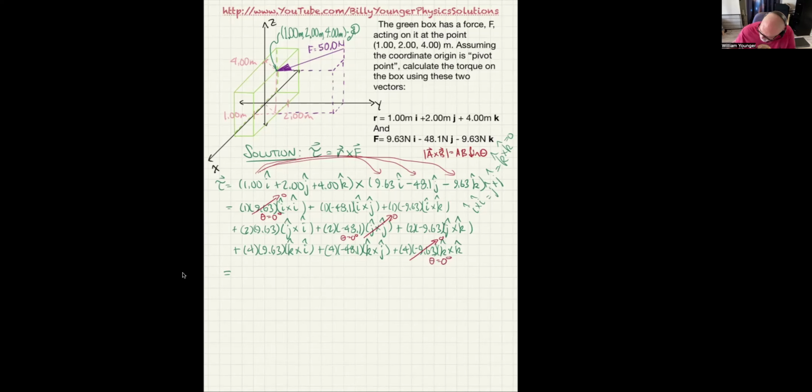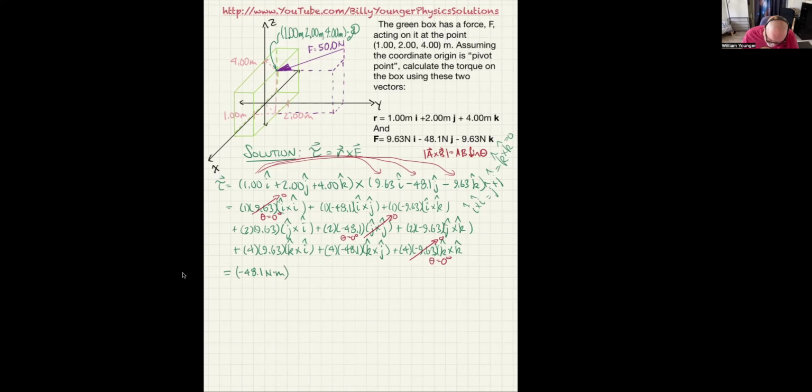So now I can do 1 times negative 48.1, so negative 48.1 Newton meters. Remember that actually did have 3 sig figs, and one had units of newtons and the other had units of meters.